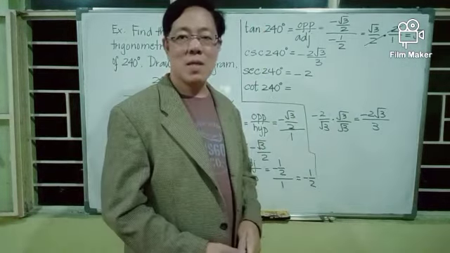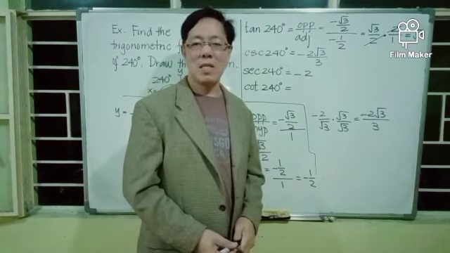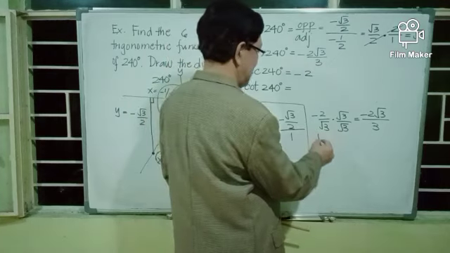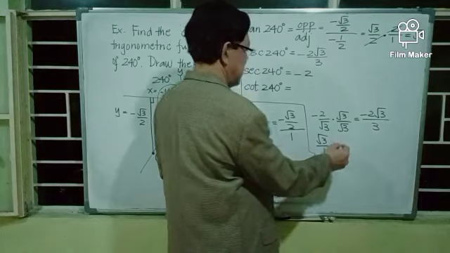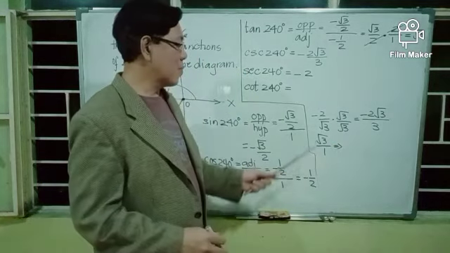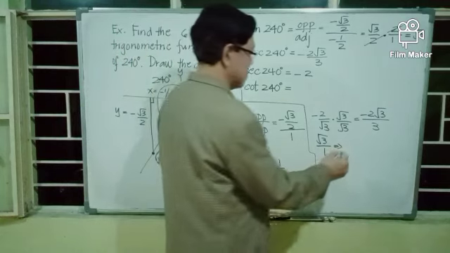Again, if you write the denominator of square root of 3, its denominator is 1. And the reciprocal of square root of 3 over 1 is 1 over square root of 3.